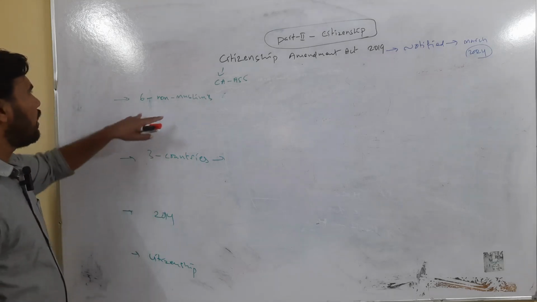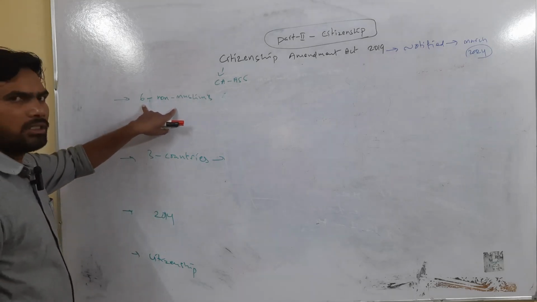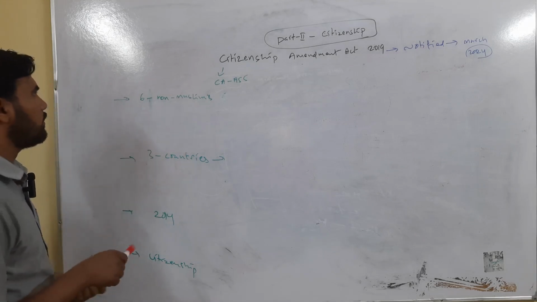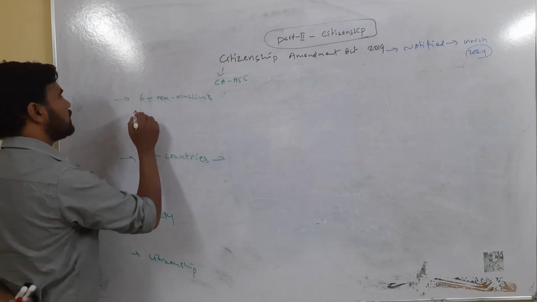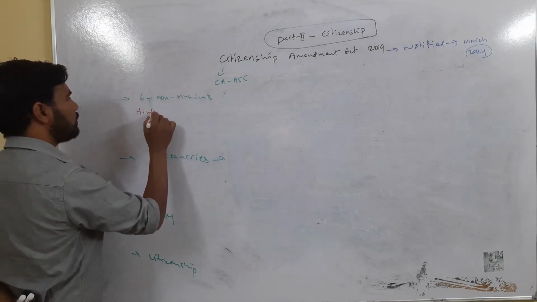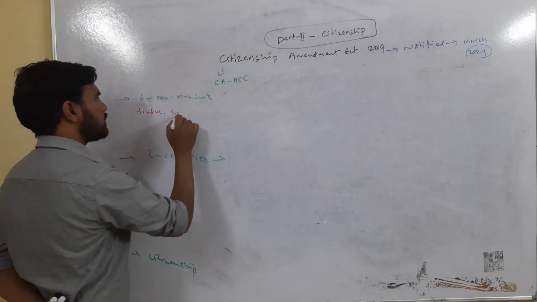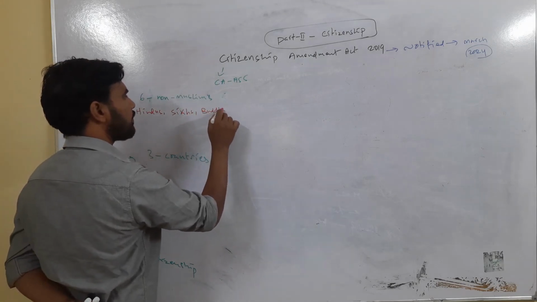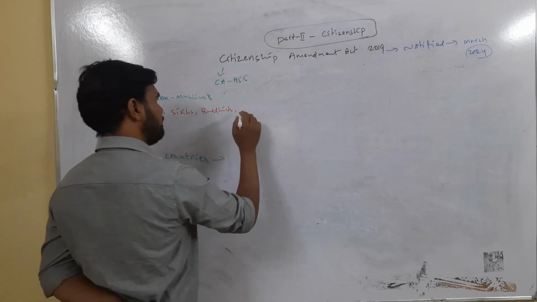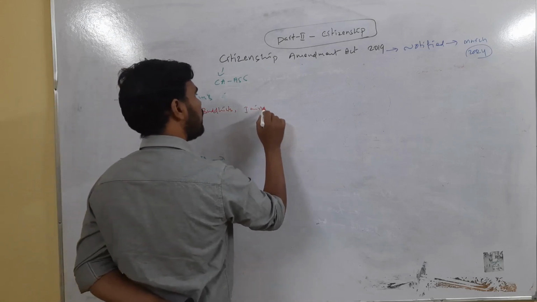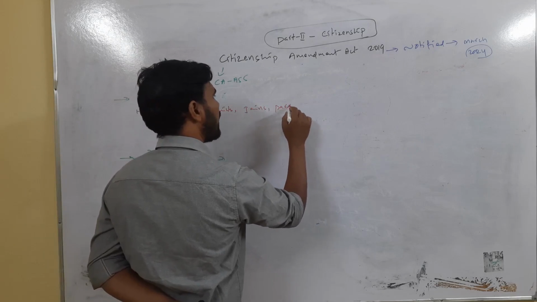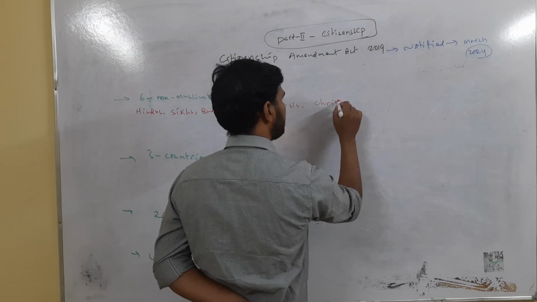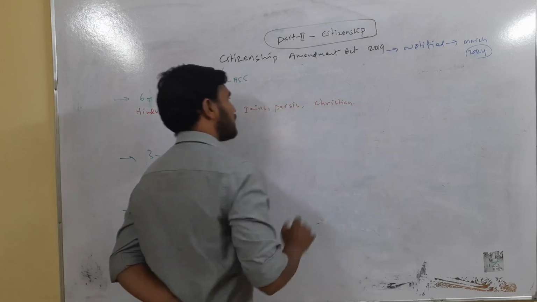It is saying this for the people of 6 religions who are non-Muslims. Which are the non-Muslim religions? Basically the Hindus, the Sikhs, then Buddhists, then Jains, then Parsis, then Christians.